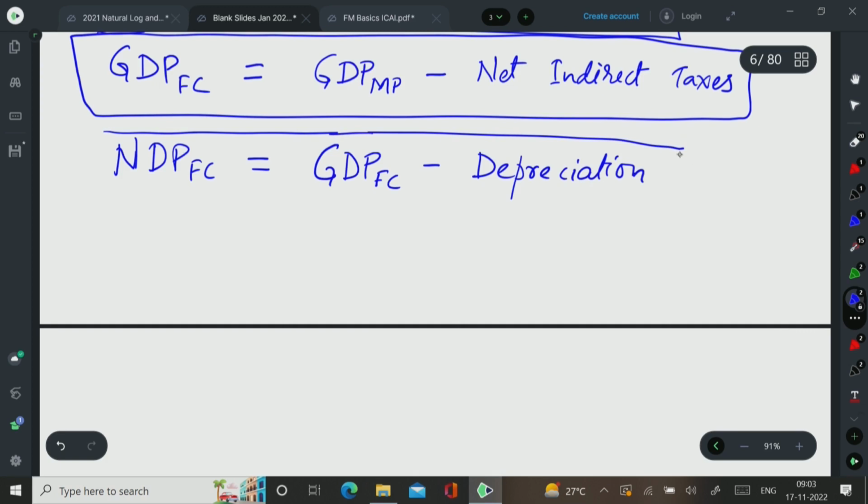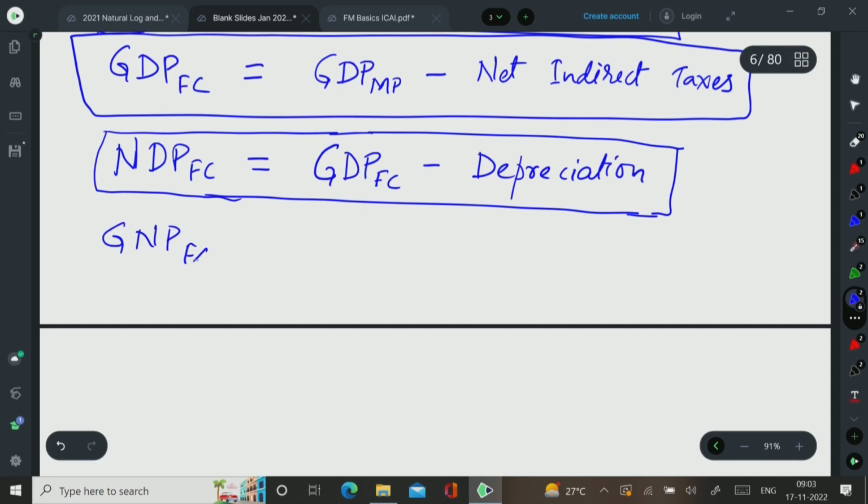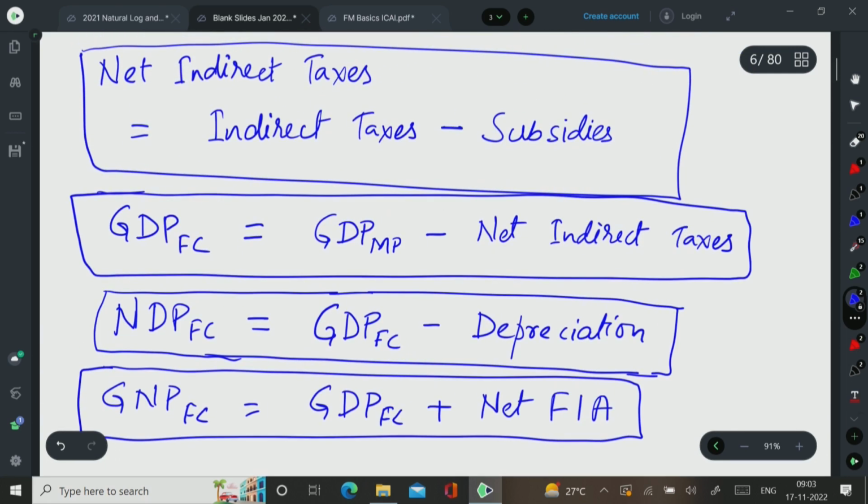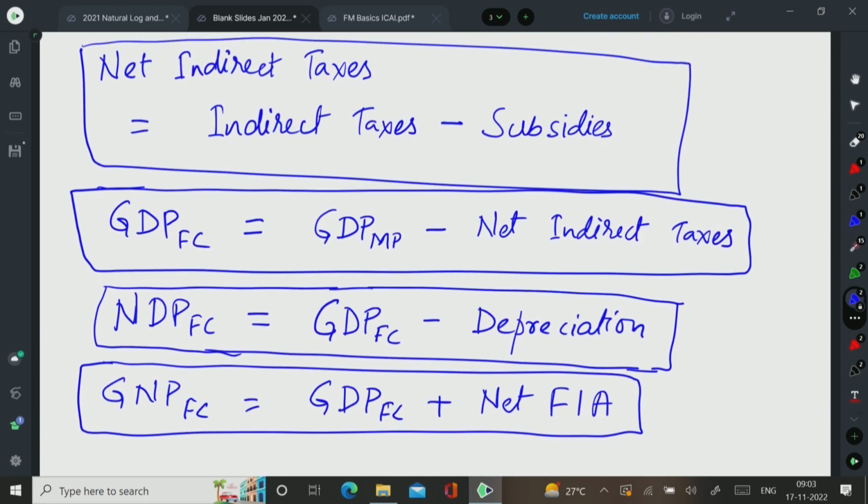And GNP at factor cost will be GDP at factor cost, and to this you add net factor income from abroad, and you get GNP at factor cost. How to arrive at NNP at factor cost? I am going to give you a few equations for that as well, but first you quickly write up what you find on screen.